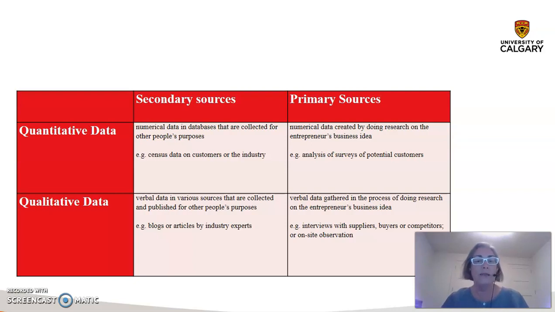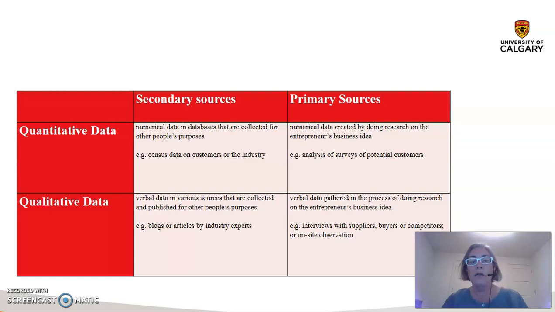Primary sources is data that is collected directly by you or your team for a specific project and for a specific purpose, and that can include talking to individual people, it can be focus groups, surveys, etc. And within that we have quantitative data and qualitative data.